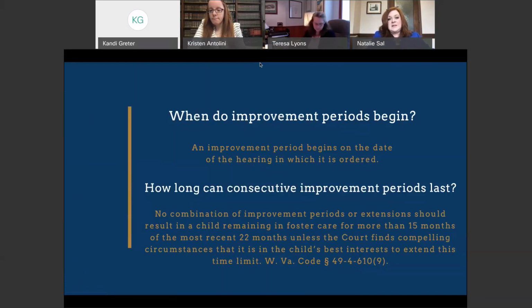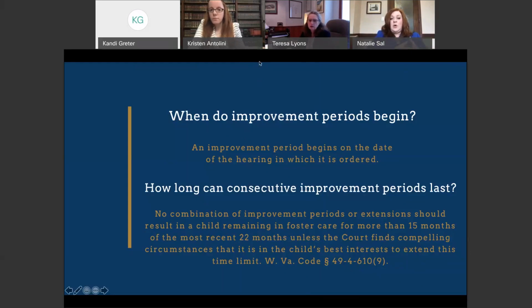And there are some cases where you have very motivated respondents, or you have problems that you know are going to take a while to begin to remedy, where it's wise to begin services before you get to that point. But nonetheless, officially the time starts ticking on the date of the hearing in which the improvement period is ordered.